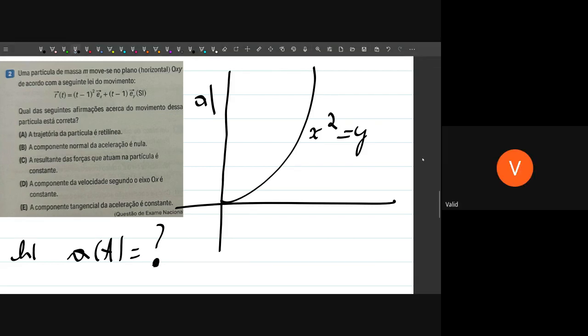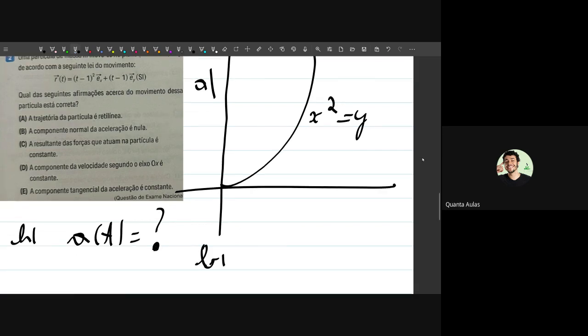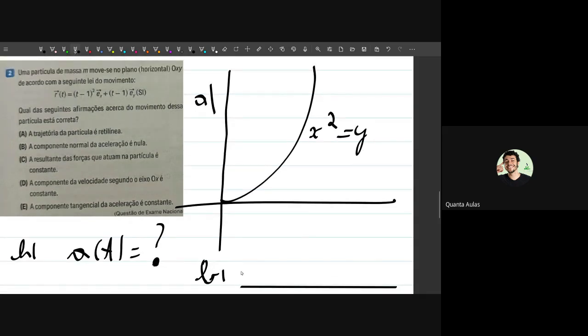But I need to think for a second, because you saw the graph, but actually the motion is in a horizontal situation, in a plane. Okay, but we can use the derivatives. I don't know, just a sec, because of the normal component of the acceleration.